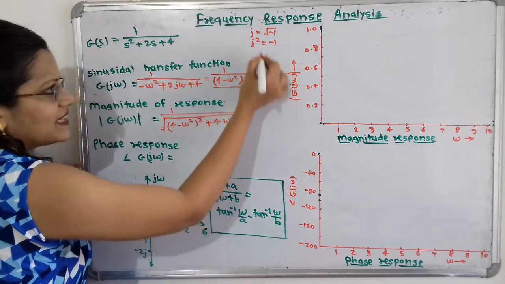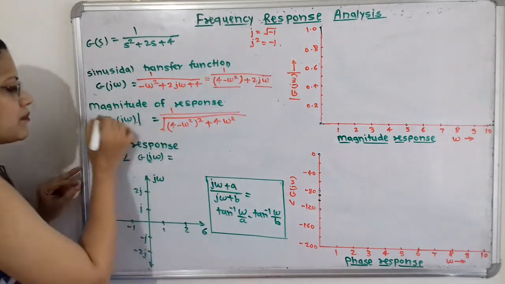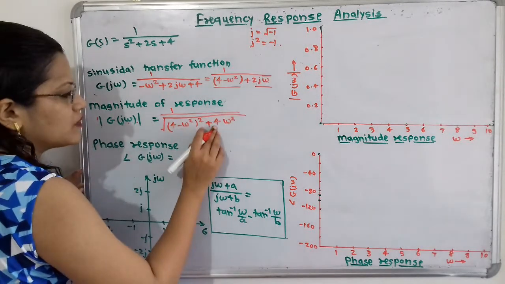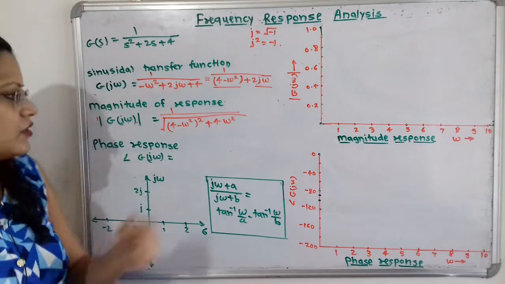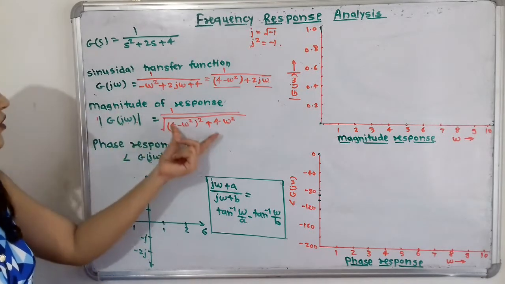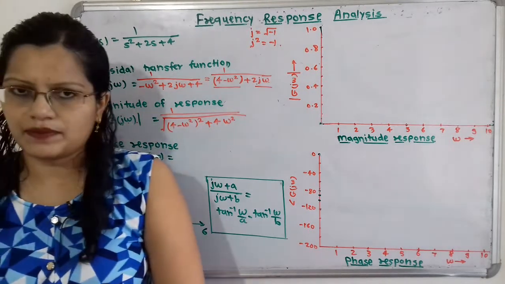Now for this j square the value is minus 1, but because of modulus it will become plus 1, so only 4 omega square is there. So this is the magnitude response that is getting completed.